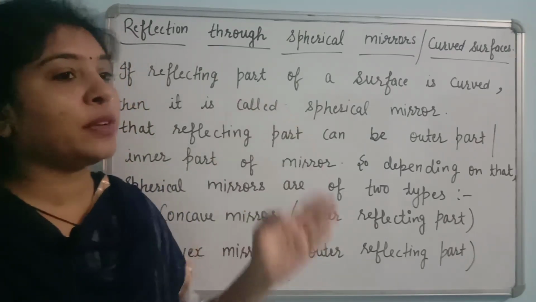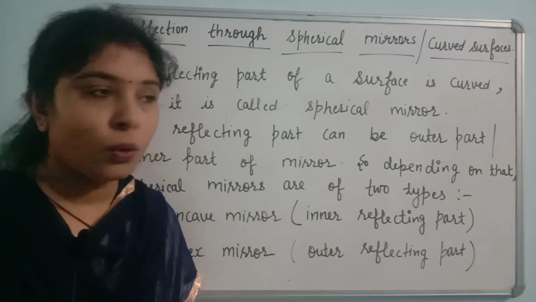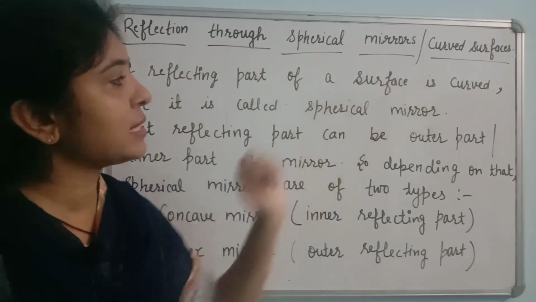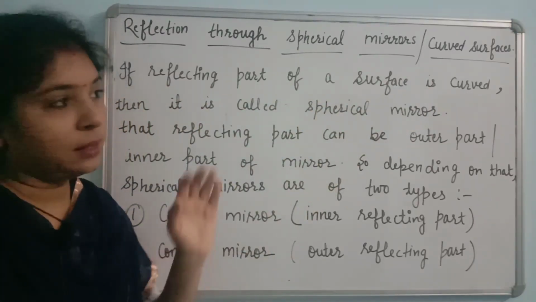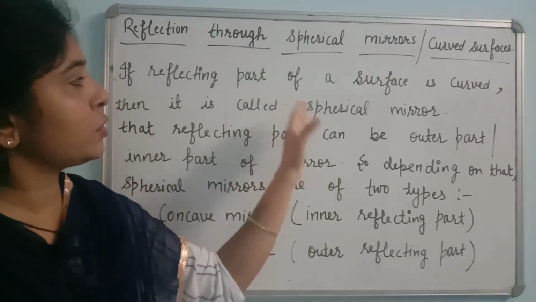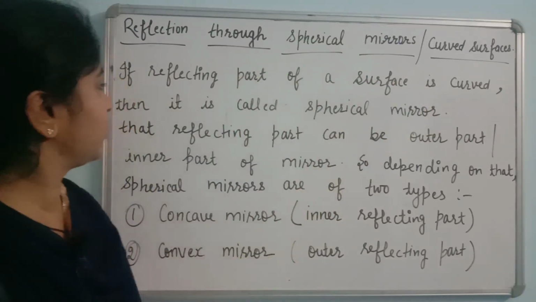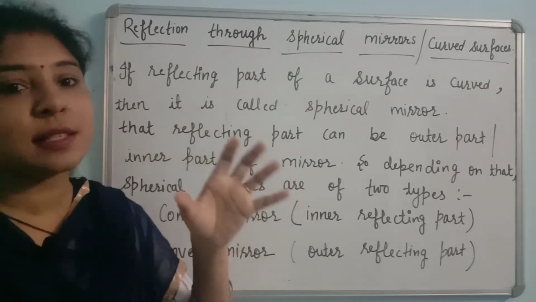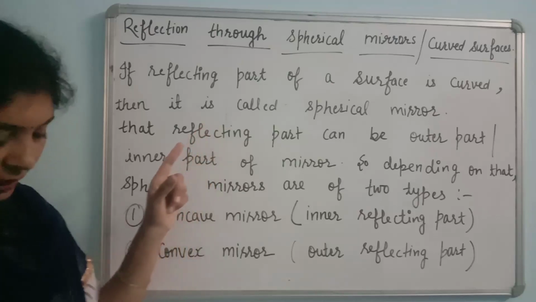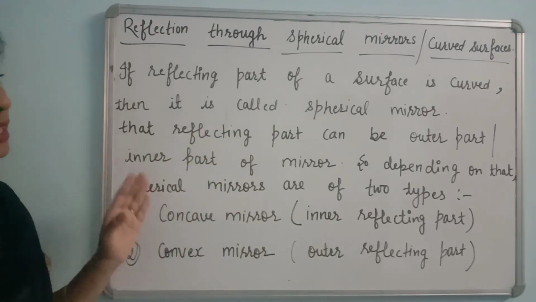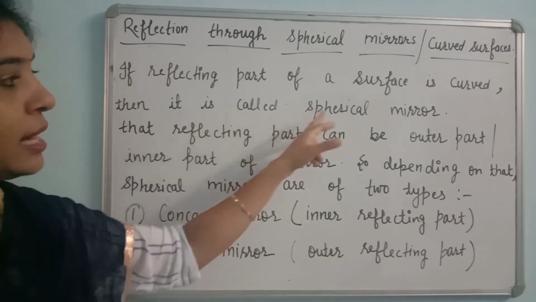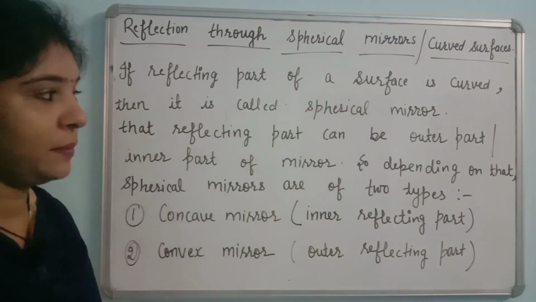If the reflecting part of a surface is curved, then that surface is considered a spherical mirror.